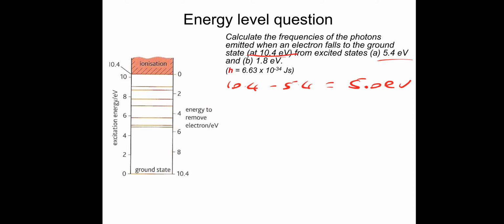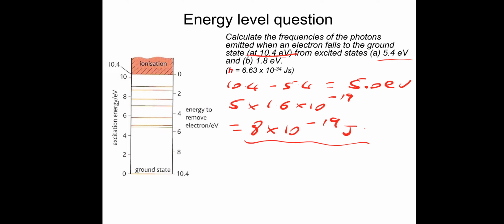And what we need to do is turn that into joules. So to do that, we need to do 5 electron volts multiplied by 1.6 times 10 to the minus 19 joules. And that gives us a change in energy of 8 times 10 to the minus 19 joules. So that would be the energy of the emitted photon. Then what we need to do is find the frequency. So we're going to use the equation E equals hf.